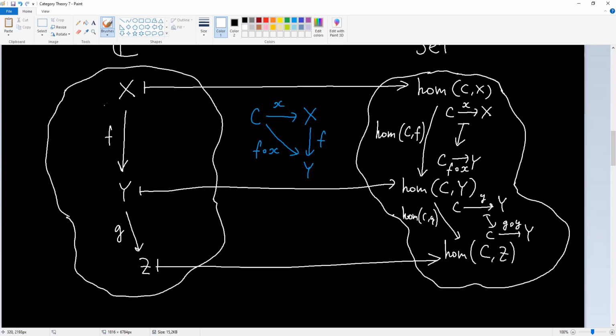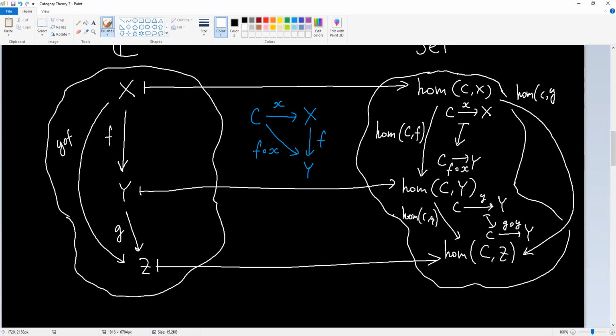But now I can also compose the F and G, right? I'm going to have then G composed with F, and that will itself also give rise to a function between the Hom sets here, which will be just the Hom C of that composite, Hom C G composed with F.